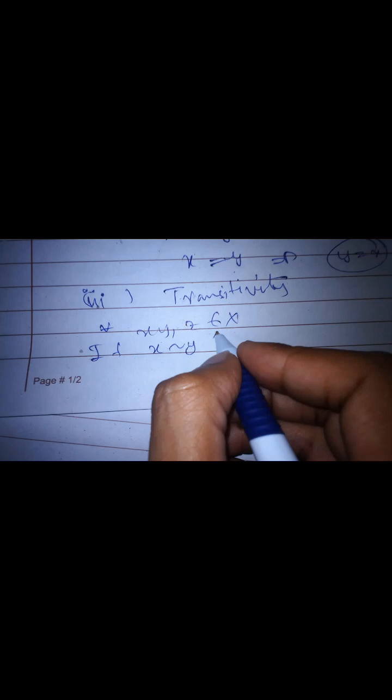For all x, y, z belonging to X, if x is related to y and y is related to z, then x is related to z. It means if x is equal to y and y is equal to z, then x is equal to z. This is the transitive relation.